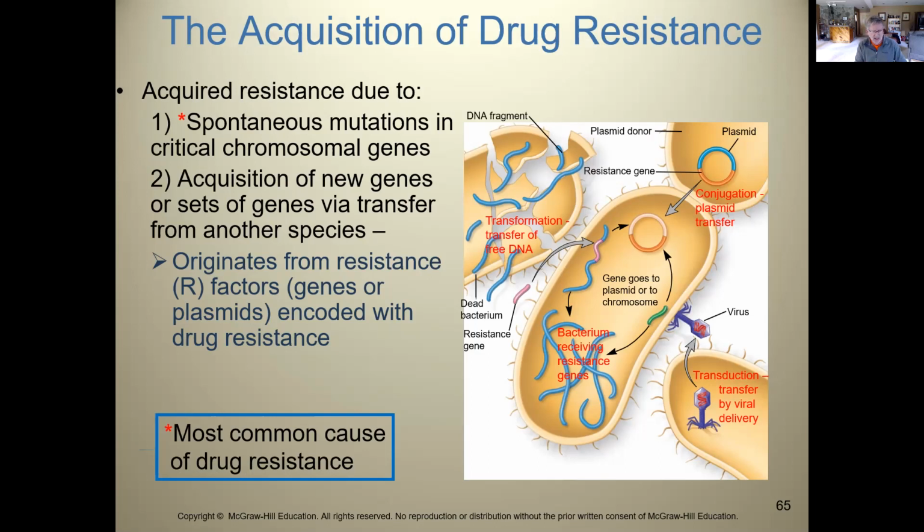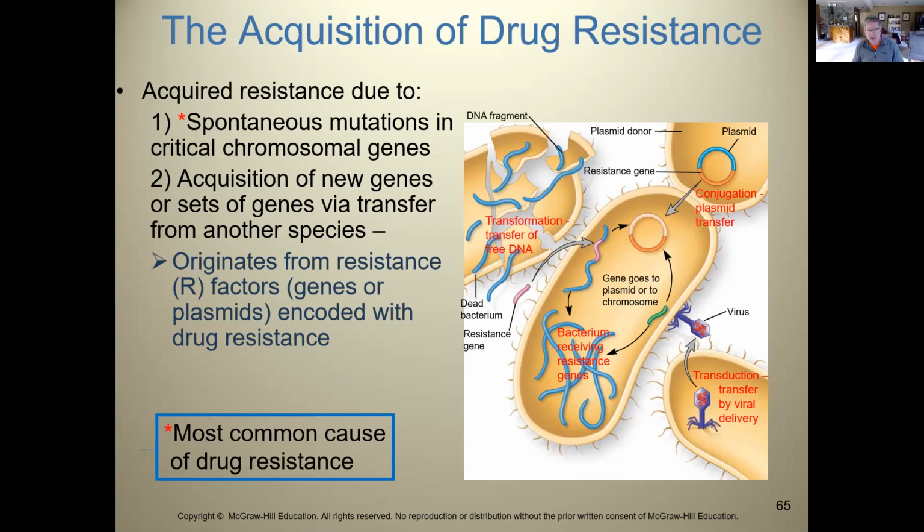We talked about that back in, actually, it was chapter 9. Yeah, the end of chapter 9. Remember transformation and Griffith's experiment? Frederick Griffith.